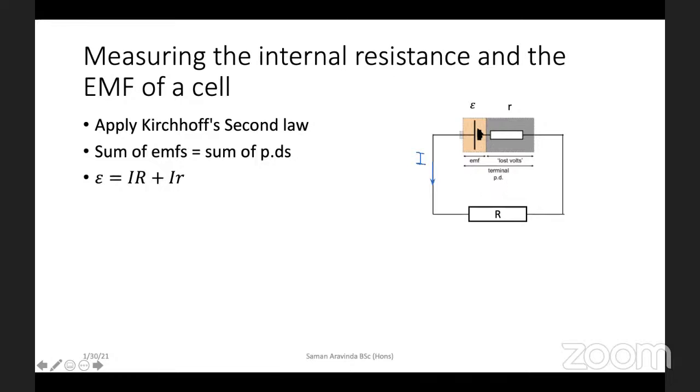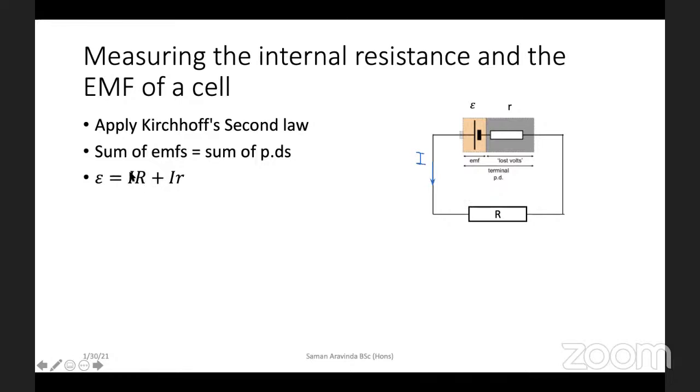If a current I passes through the circuit, the epsilon, that is the energy given from the battery, is dissipated through the fixed resistor, which is the load resistor, as well as the internal resistance. What we actually use as the battery's voltage is the potential difference between these two terminals. We call it the terminal potential difference, which is the potential difference across the load resistance.